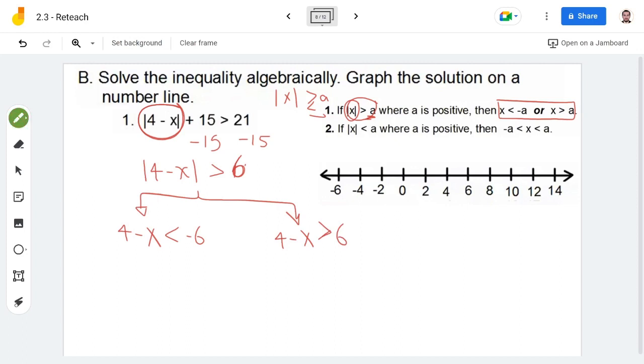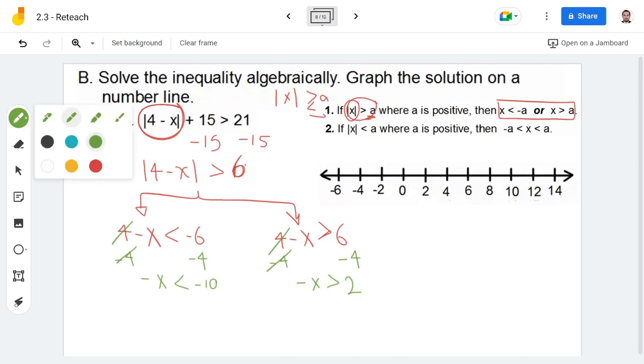To simplify this one, we subtract 4. So we cancel this 4, and negative x is less than minus 6 minus 4, which equals minus 10. Here we do the same thing, minus 4 on both sides. So this one cancels, and negative x is greater than 6 minus 4, which equals 2.